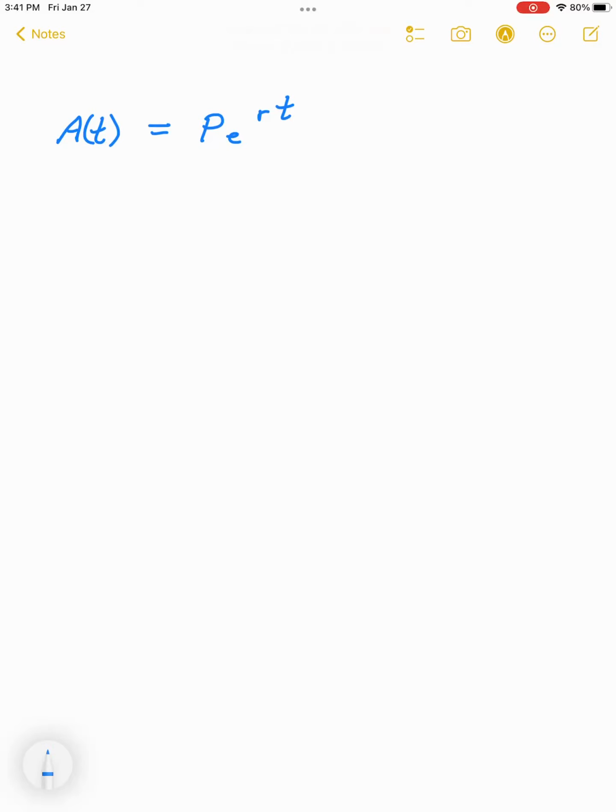So again, the A of t represents the future value. The future value for this problem is 25,000. I'm looking for my account balance to reach 25,000.